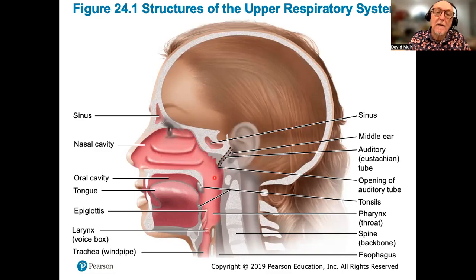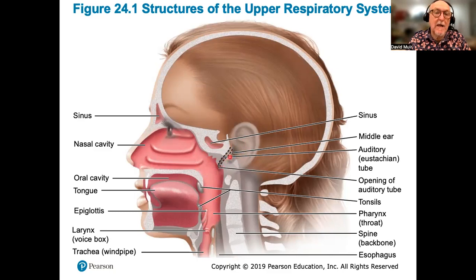There is one important feature that I want to point out, and that is this little fine tube, the eustachian tube, which connects the pharynx. This is the pharynx here, the common tube, before it divides into the airways and into the esophagus. And the eustachian tube connects the middle ear with this cavity here.